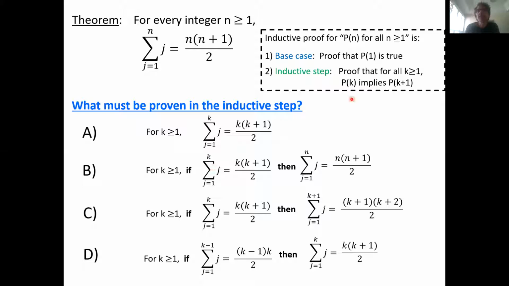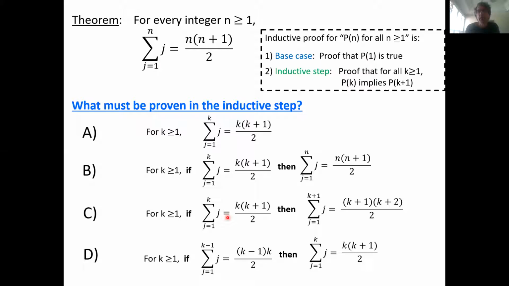Which of these fits this blueprint for this predicate? This is a function of n, and I need to say which one of these expresses that this thing, when applied for n equal k, implies the same thing, but for n equal k plus 1.